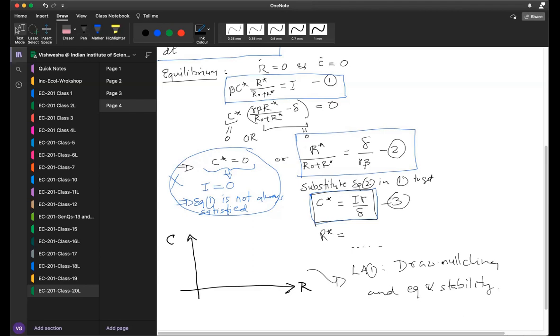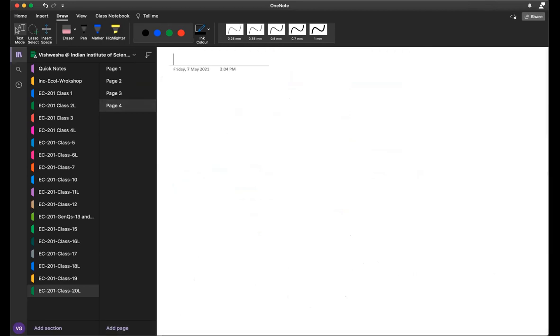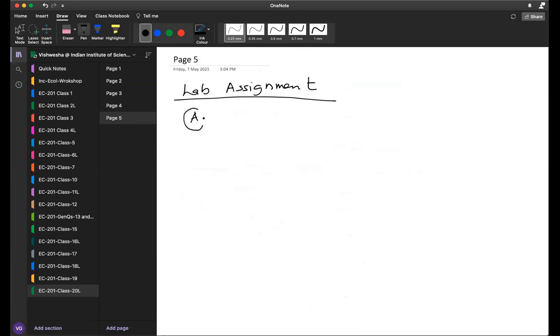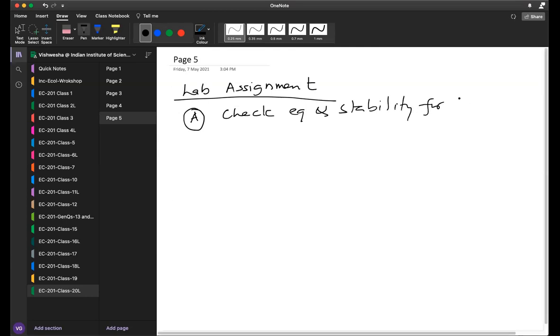The next one is really the more interesting one. I will write down both of them today. In fact, I would like you to focus more on the second part, because the first part is fairly routine stuff. A: check equilibrium and stability for the resource consumer model.